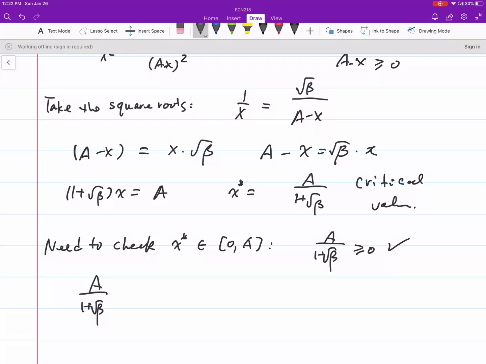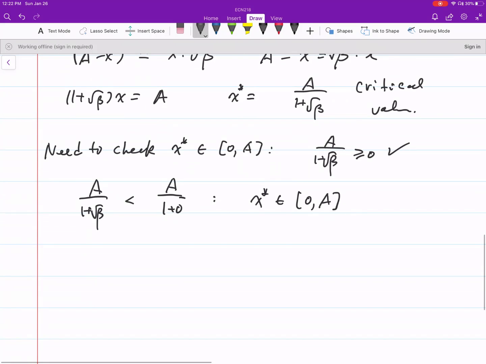And also a over 1 plus root beta is going to be less than a over 1, because beta is bigger than 0. So this is less than that. What it means is that x star is inside 0 to a. In fact, we see that it's strictly inside.